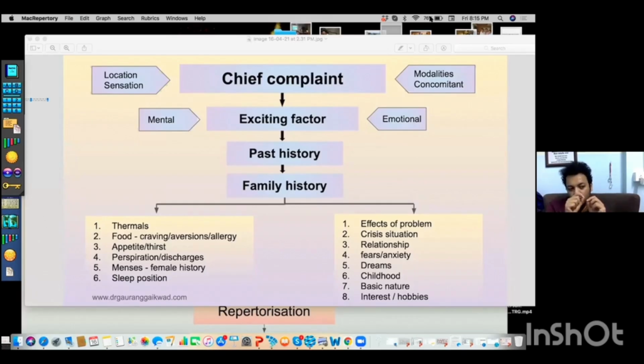So when a person chooses a particular occupation, or a partner, or anything, it shows a lot about who they are at a deeper level. So interesting, no? Everything that the person does, everything the person feels, tells you a lot about who they are, about deeper patterns within them.